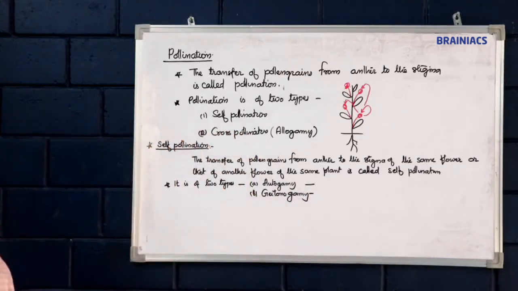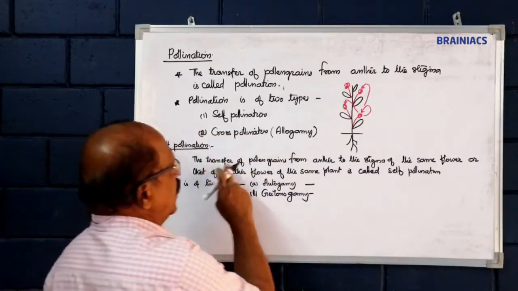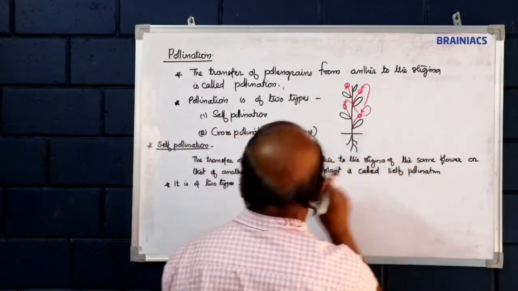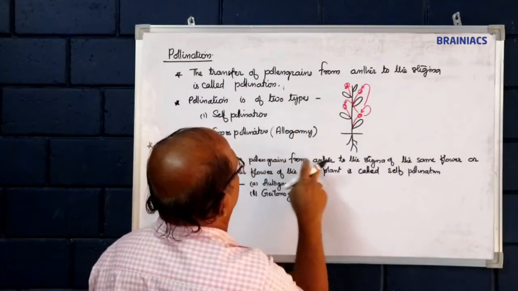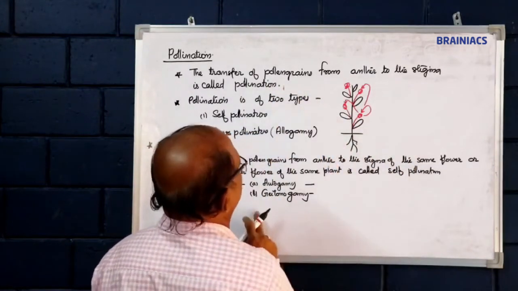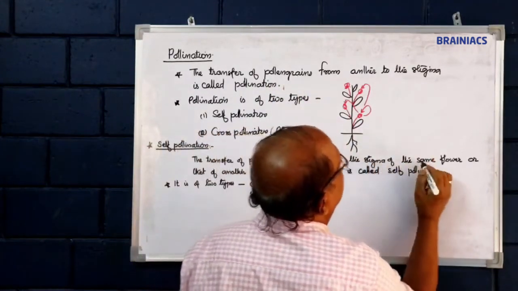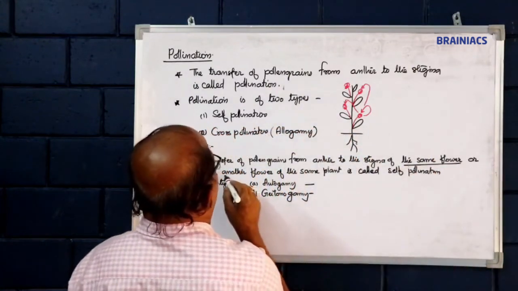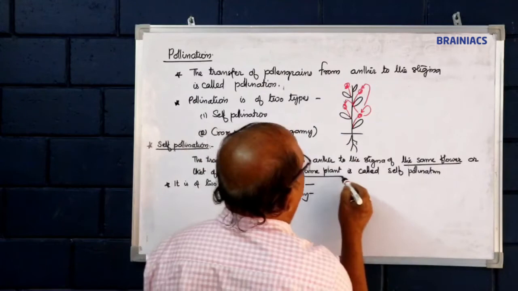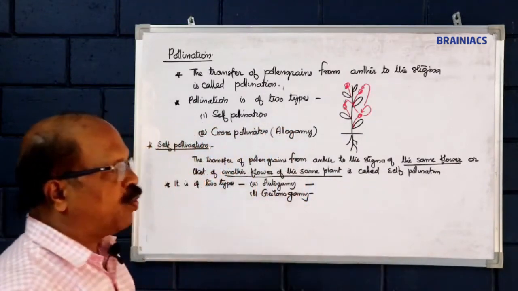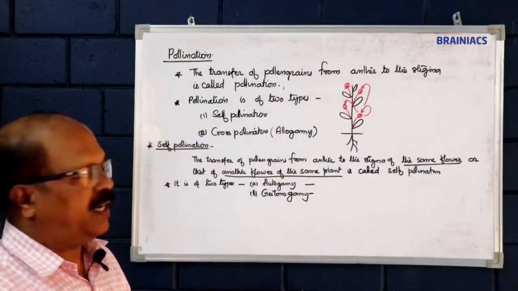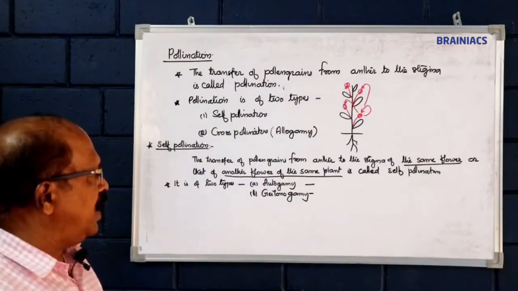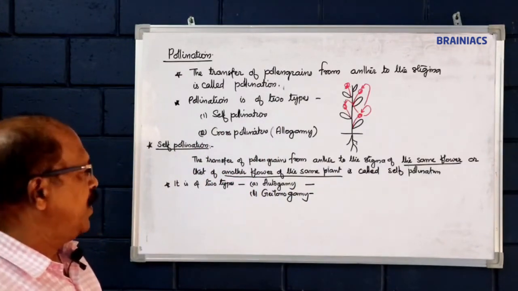Transfer of pollen grains from anther to the stigma is pollination, in the same flower or another flower of the same plant. These two constitute self-pollination. So self-pollination is of two types, autogamy and geitonogamy.